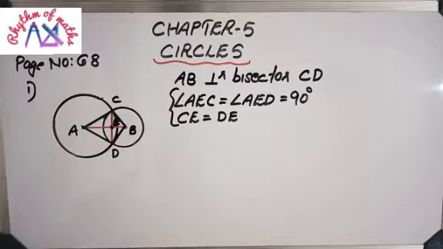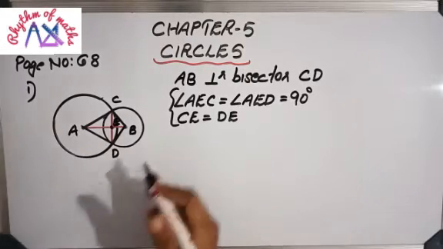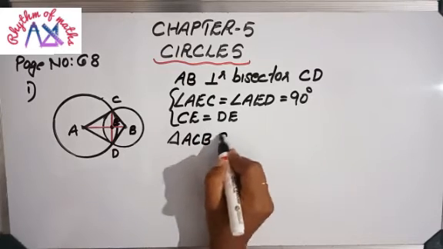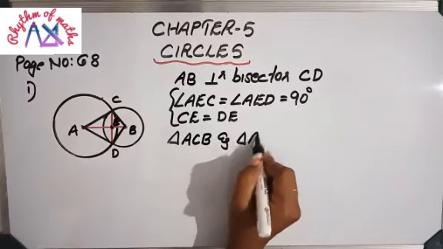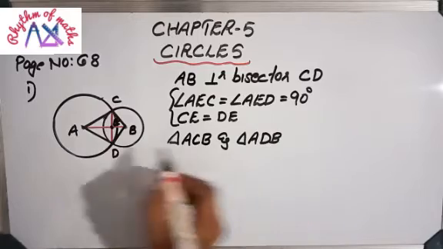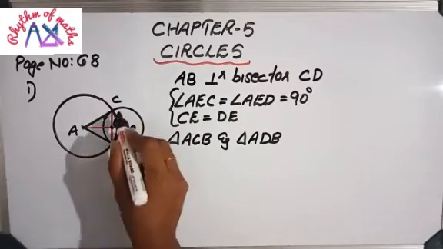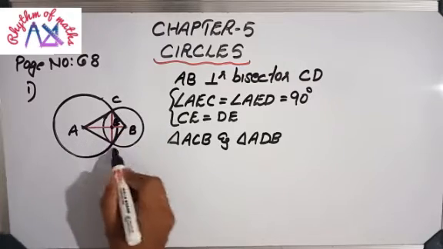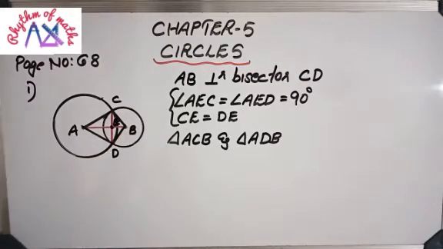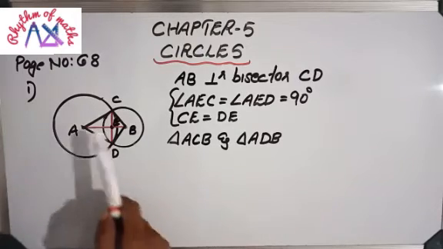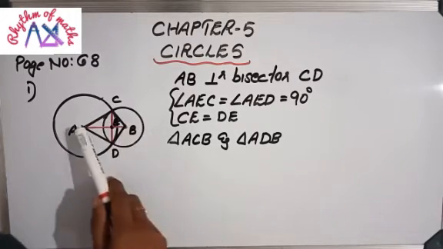So first of all we need to consider triangle ACB and triangle ADB, because the line AB and CD, the perpendicular, comes in these two triangles.